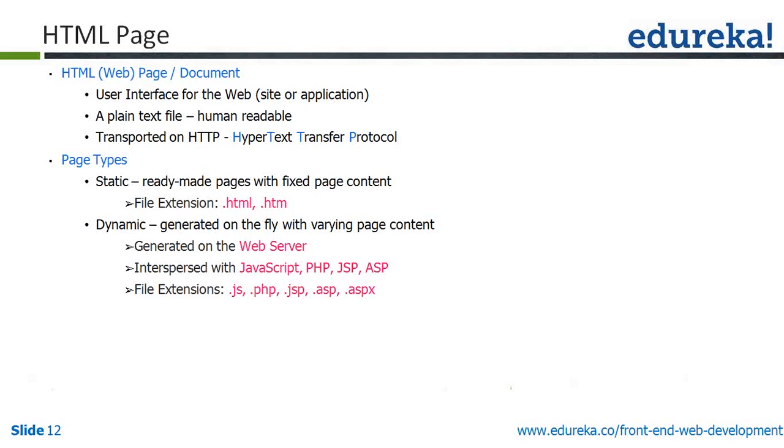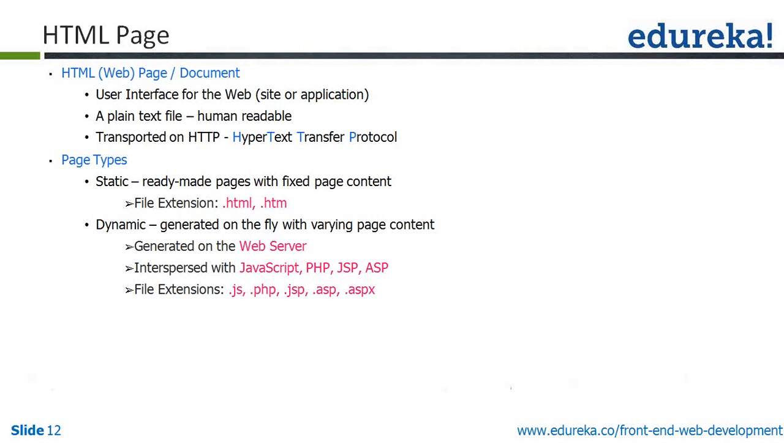As I said, your CSS and the JavaScript of the page more or less remain the same from user to user. And note that generating the dynamic page takes a finite amount of time on the server. It needs some computing cycles on the server side.